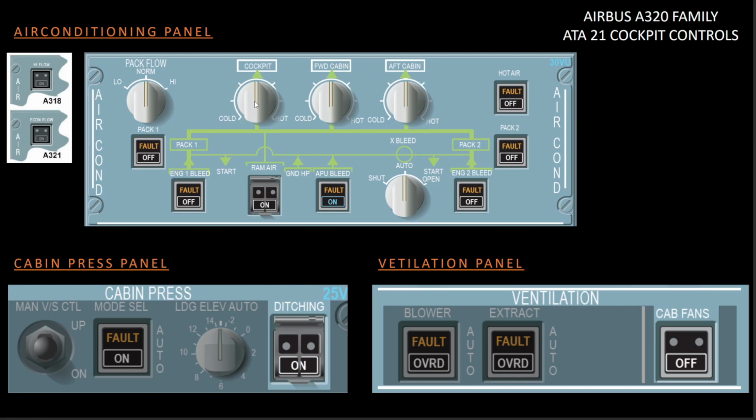Then the rotary selectors. So using these rotary selectors, you can set temperature. So you can set the required amount of temperature for each zone individually or independently. So now when you place this rotary switch in a particular place, this zone will be provided that requested temperature based on the selection of the position of the rotary selector.